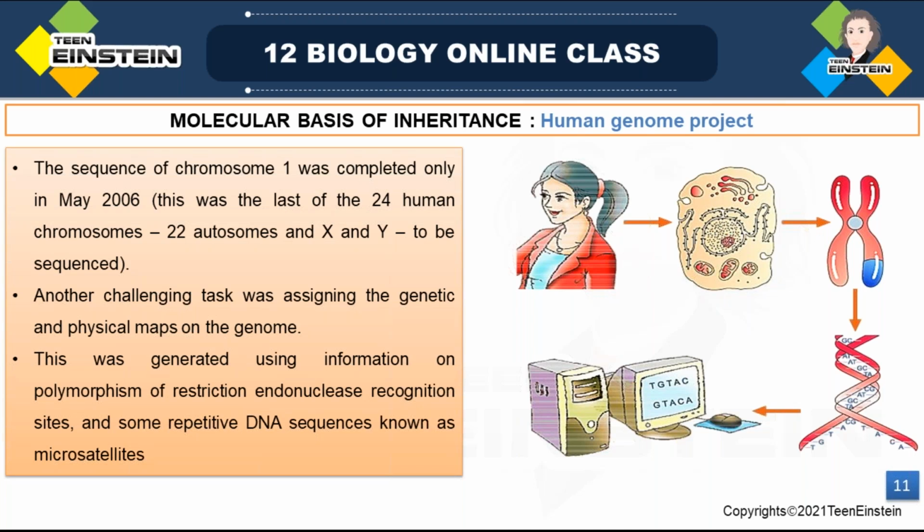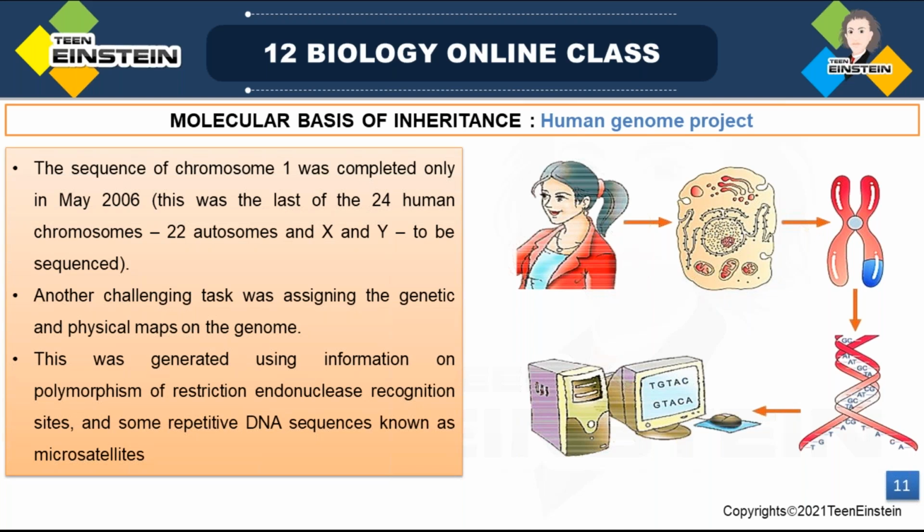So the next task: sequencing is over, and next they need a genetic map, or the mapping of all these chromosomes should be done. Then only we can find out that this gene is present on this chromosome and is doing a particular function. Each gene should be located on a particular chromosome; that is called genetic mapping.